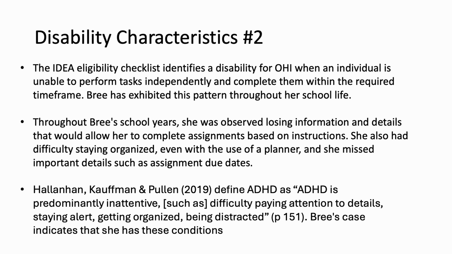According to the American Psychiatric Association, Brie has ADHD type 1, that is predominantly inattentive. This causes difficulty paying attention to details and being distracted. Now we can say Brie has ADHD type 3, because she has both of the above, that is the combined type.